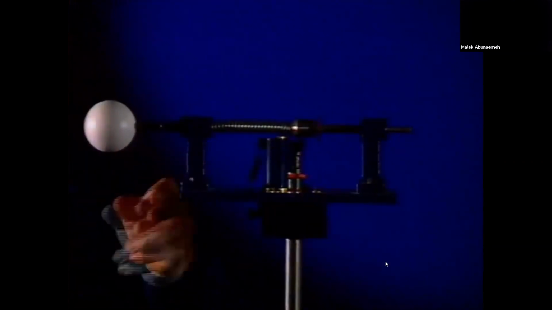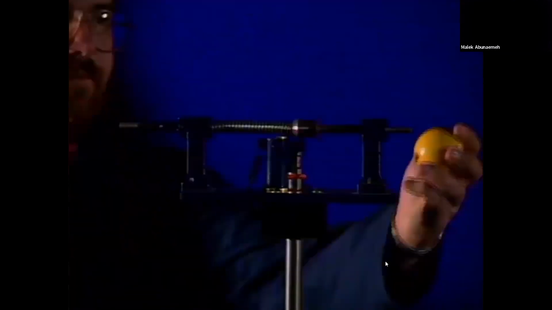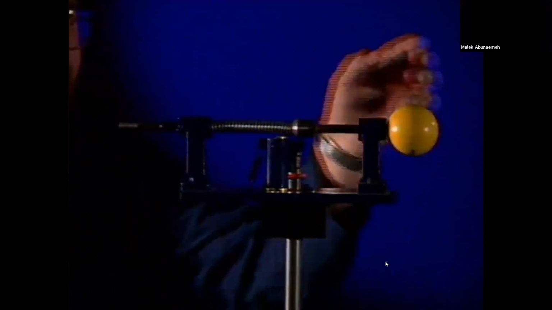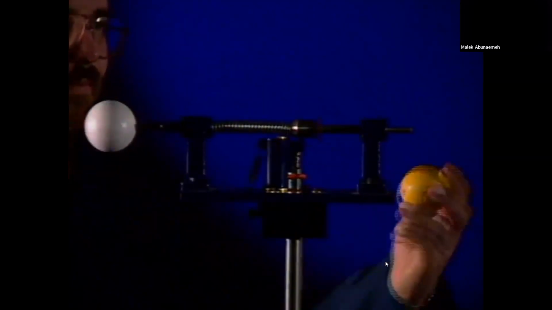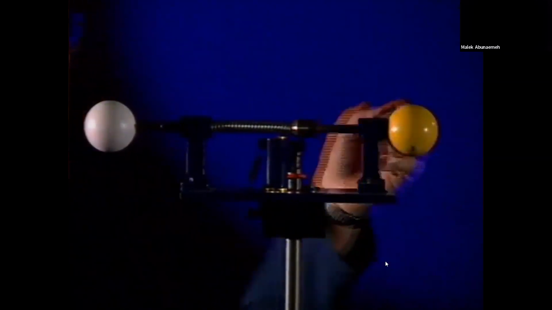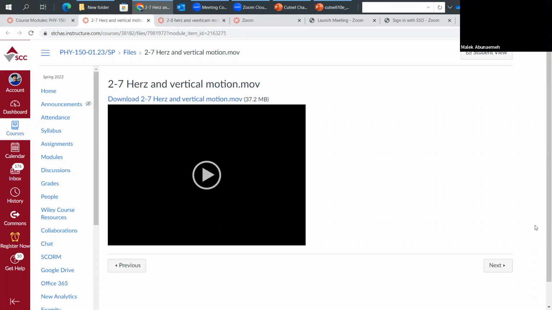If you hit them both, one pushed forward and the other going straight down, which one will strike the ground first?